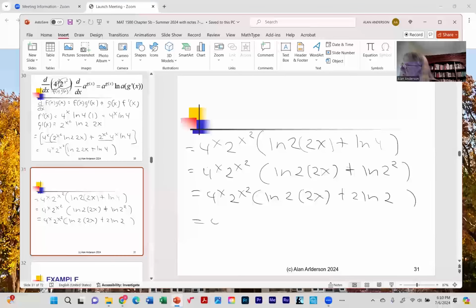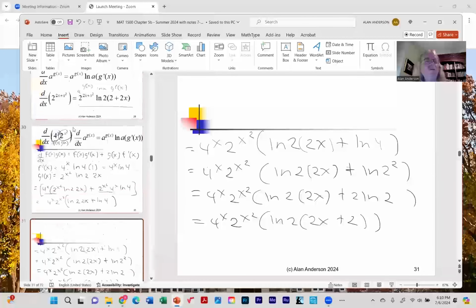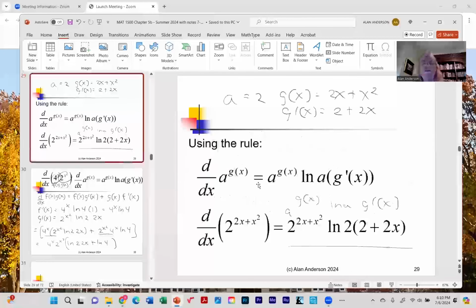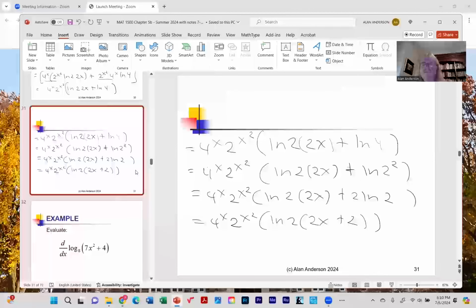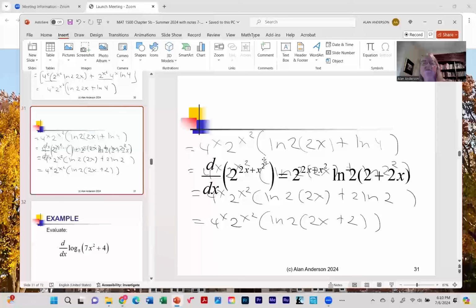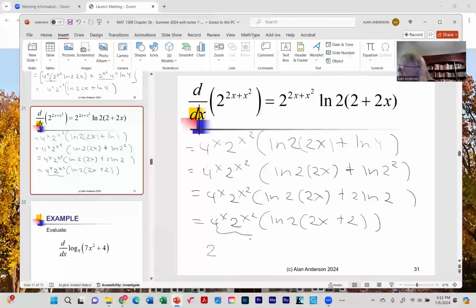So we can write this as 4 to the x, 2 to the x squared. So that should be what we had before. Let's confirm that. I'll copy it up here somewhere. Oh, and by the way, don't forget, we determined that this is the same thing as 2 to the 2x plus x squared.